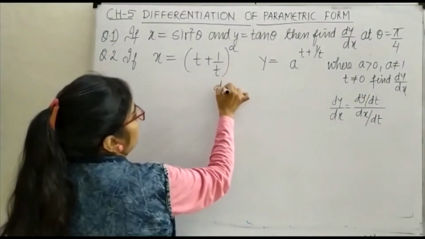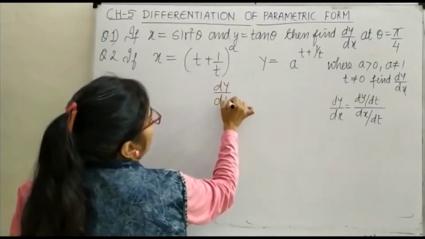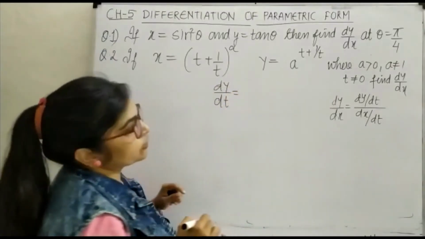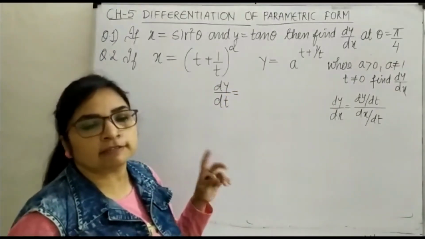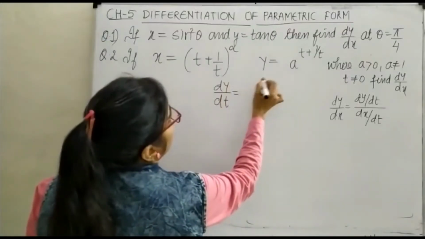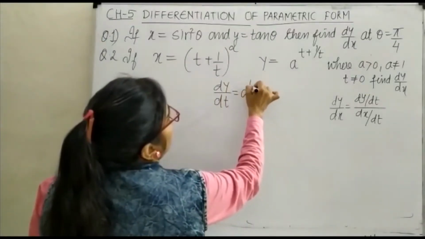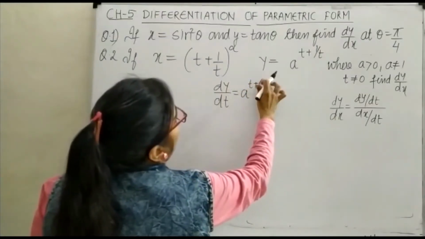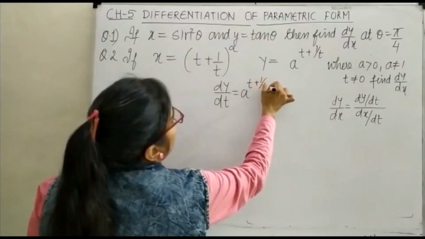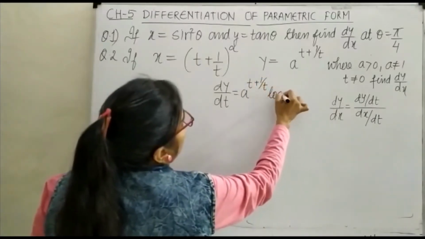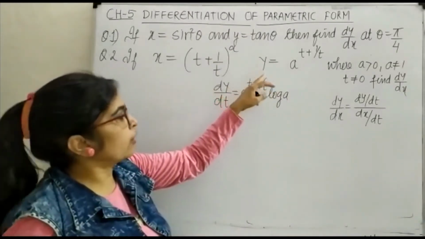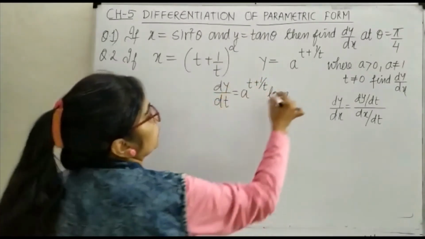Your dy by dt, that means when you differentiate y with respect to t, you know the differentiation of a to the power x is a to the power x log a. So this will become a to the power (t plus 1 upon t) log a, and then we have to differentiate the exponent with respect to t.